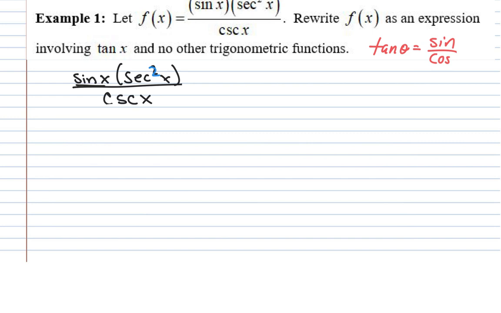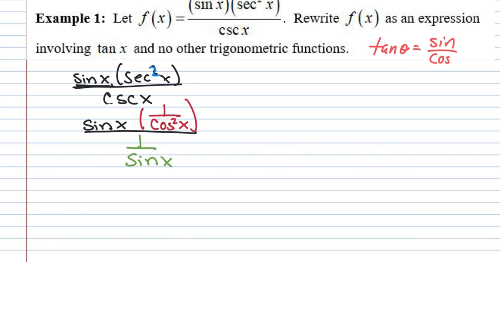So we already have a sine here, so we're just going to keep that sine. And we know that cosecant is the same thing as 1 over sine. So this is going to be 1 over cosine squared x, because if secant is squared, then cosine squared. And we know that cosecant is the same thing as 1 over sine. And that one doesn't have a square, so it's just going to stay as a regular sine.